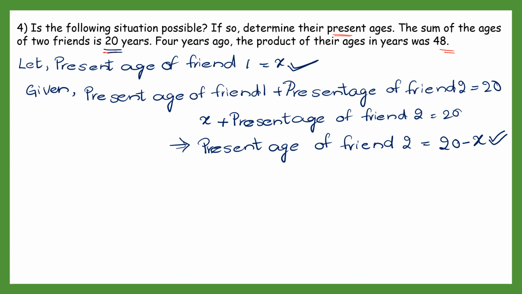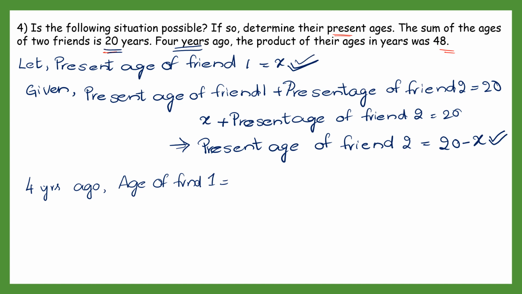Now, the other situation they have given is 4 years ago product of their ages is 48. 4 years ago, what is their ages? Let's see first. 4 years ago, age of friend 1.